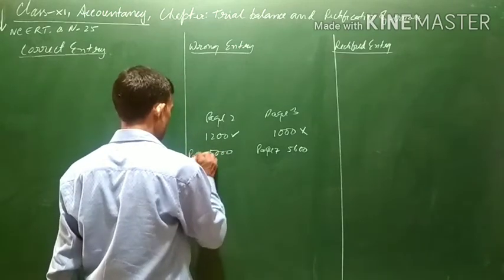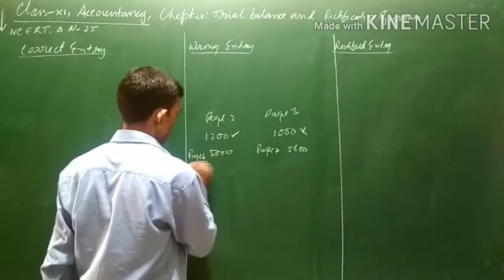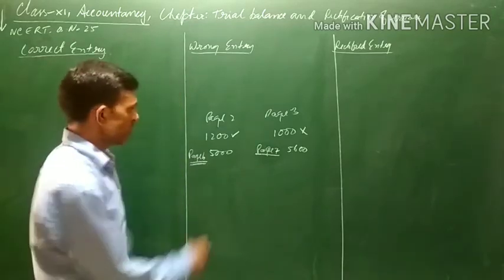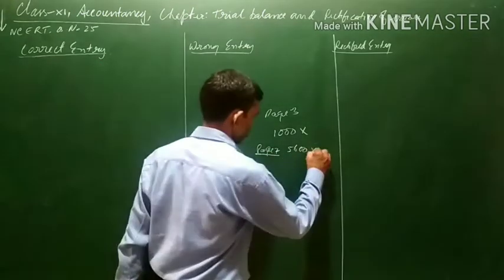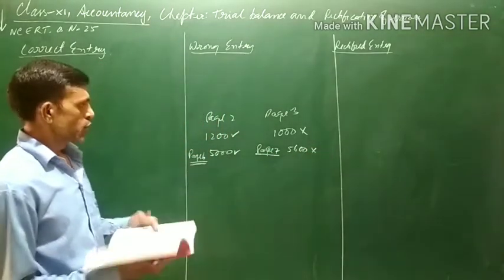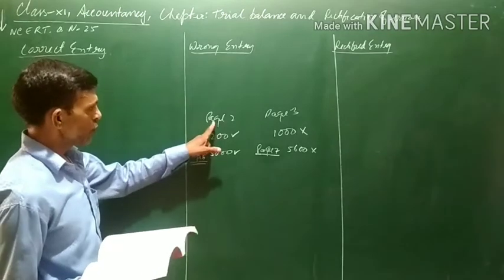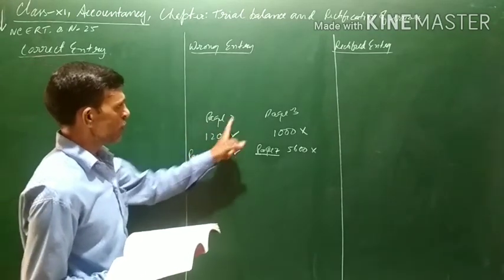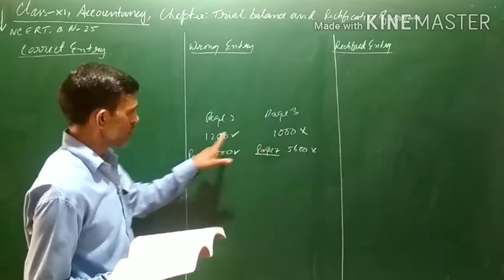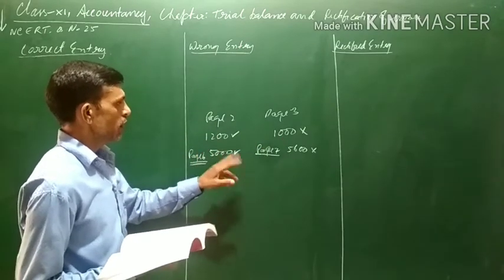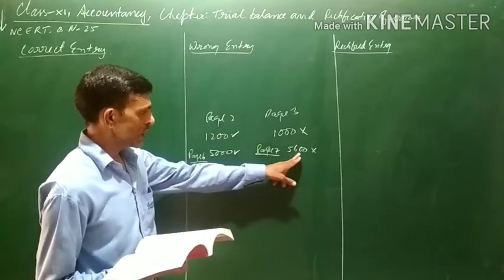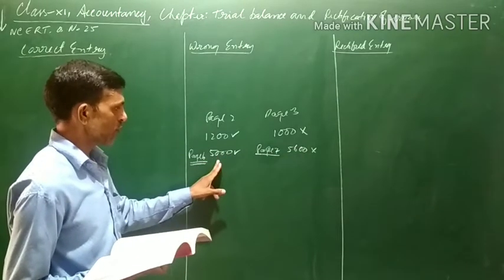This is page 6. Now you can see this is correct and this is wrong. So in page number 3 it was carried forward as 1000 instead of 1200. Similarly, in page number 7 it was written as 5600 instead of 5000.